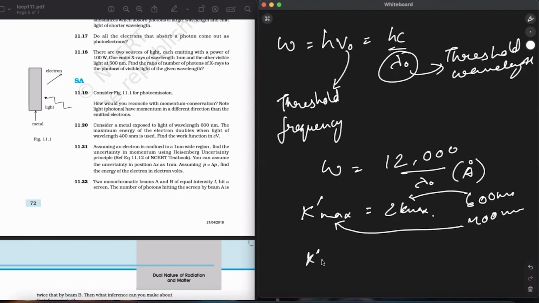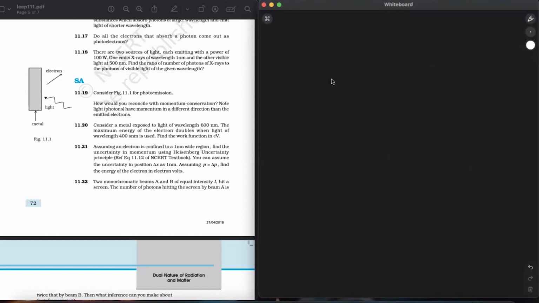Now, K dash max can be written as hc upon lambda dash minus phi naught, and let me write it as an expression. And 2 K max, if I write it over here, will be equal to hc upon lambda dash minus phi naught.